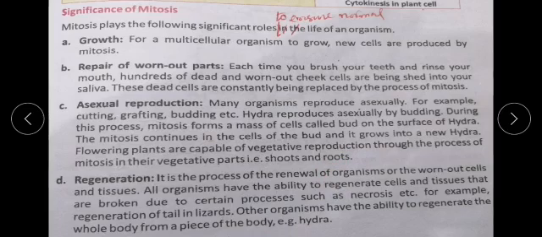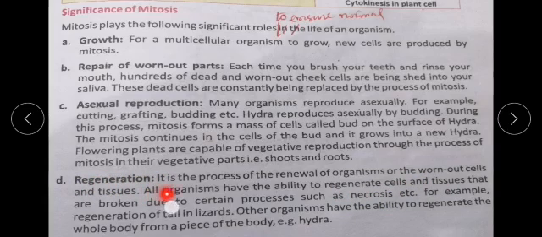All organisms have the ability to regenerate cells and tissues that are broken due to certain processes such as necrosis. What is necrosis? Accidental loss of a tissue, a cell or an organ. If accidentally some part, cell or tissue of an organism gets damaged, then that damaged cell, tissue or part can be regenerated.